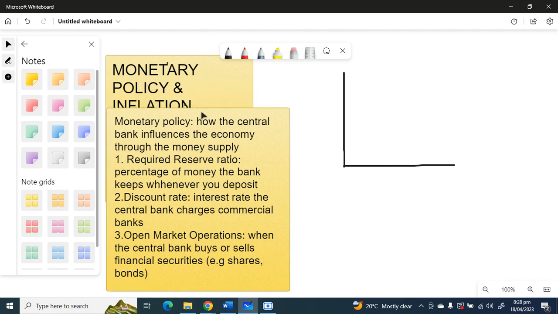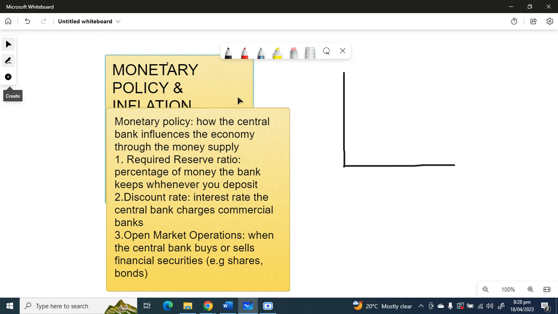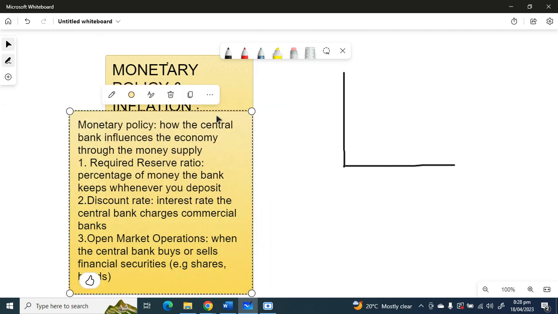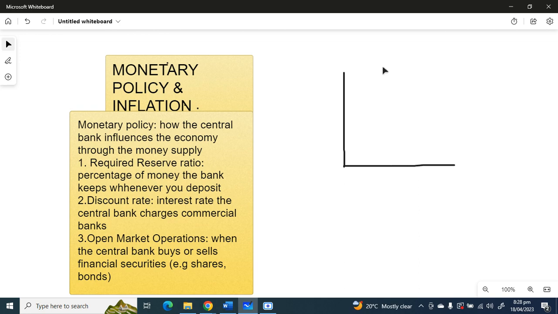So the graph which helps us illustrate this is the money market graph, all right? On our y-axis, we have the interest rate.